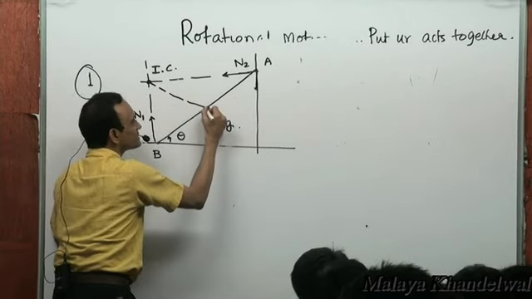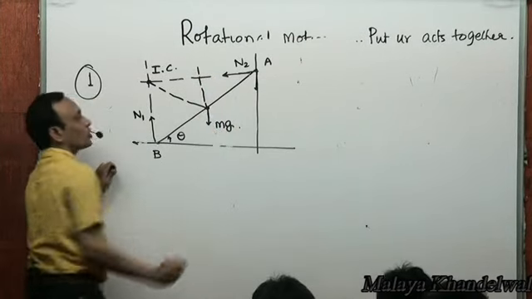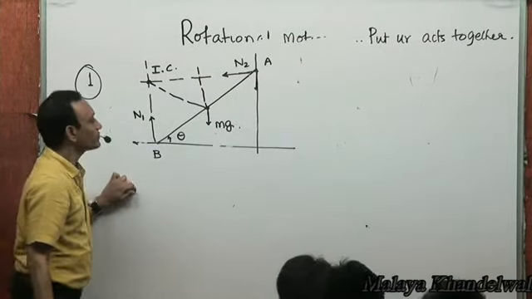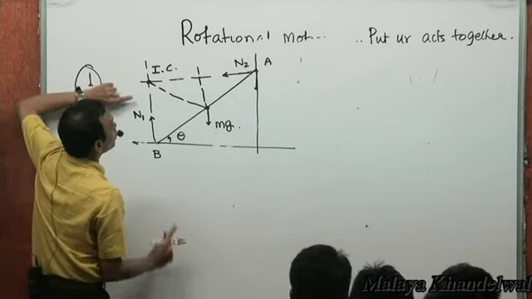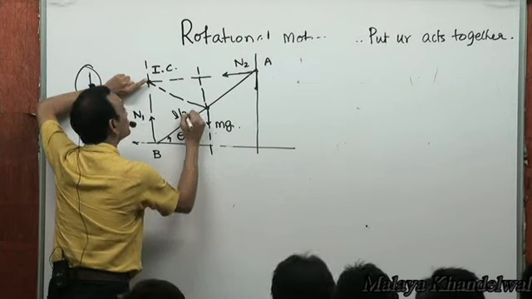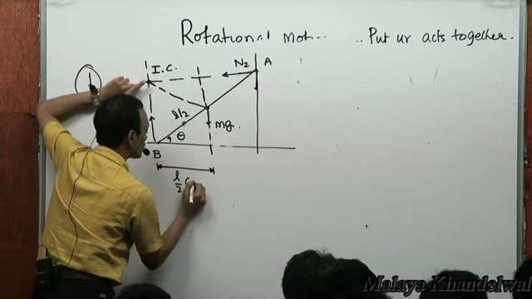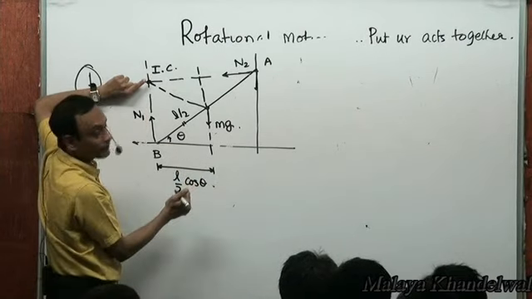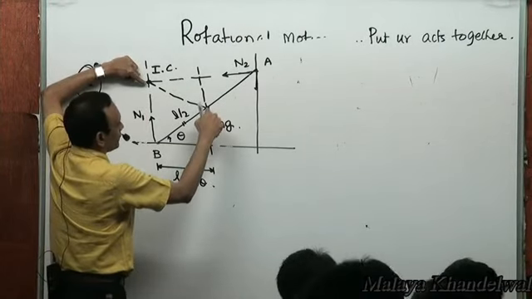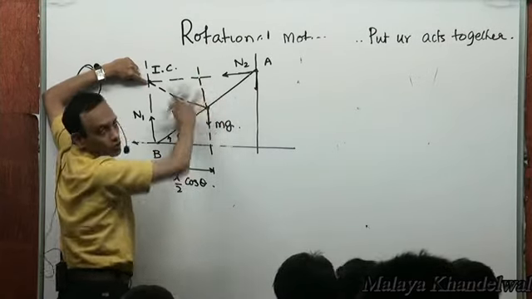Now, it's just about taking the torque of mg about the instantaneous center. See, this length is L by 2. This is L by 2 cos theta. Mg into this length would be the torque, and clockwise.